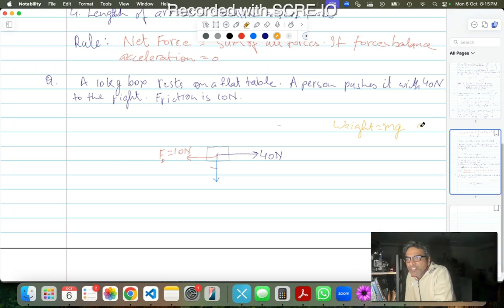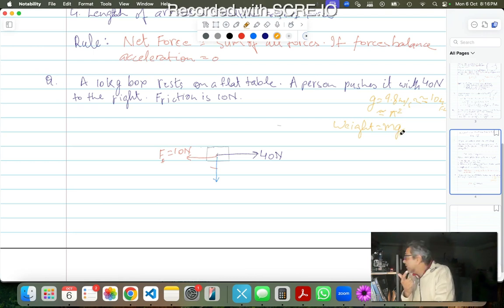Okay. I'm taking g as 10 meter per second square. You can take g equals 9.8 meter per second square, which is almost equal to 10 meter per second square, right? In some calculations, we can also use approximately pi square.